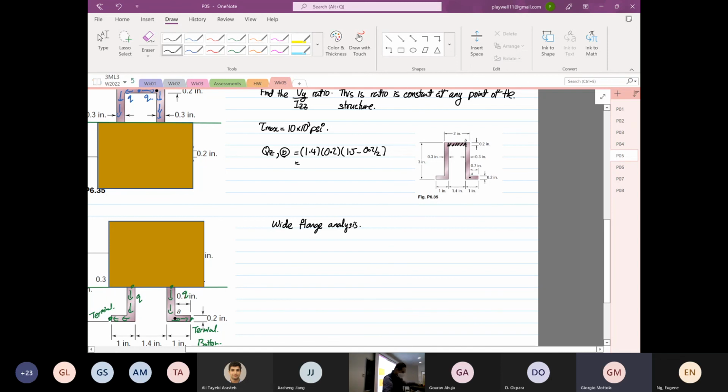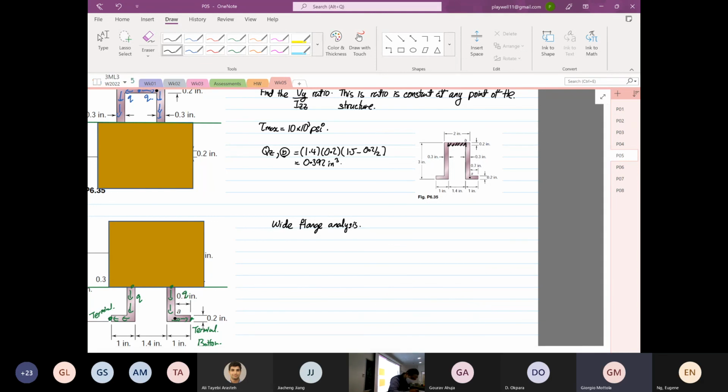So this will be equal to 1.5 minus 0.2 divided by 2, times 0.2, times 1.4, which is 0.392 inches to the power of 3. I'll do it again: 1.5 minus 0.2 divided by 2, times 0.2, times 1.4, 0.392.